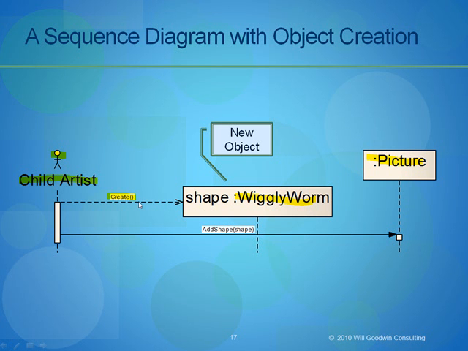And the UML defines that the create message should be a dashed arrow with a stick arrowhead. Now once the shape has been created, then the child artist indicates they want to add that shape to the picture.